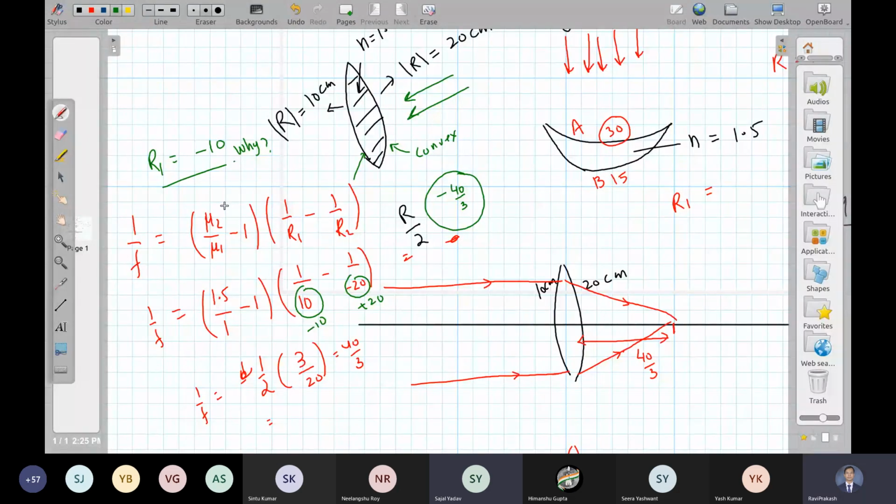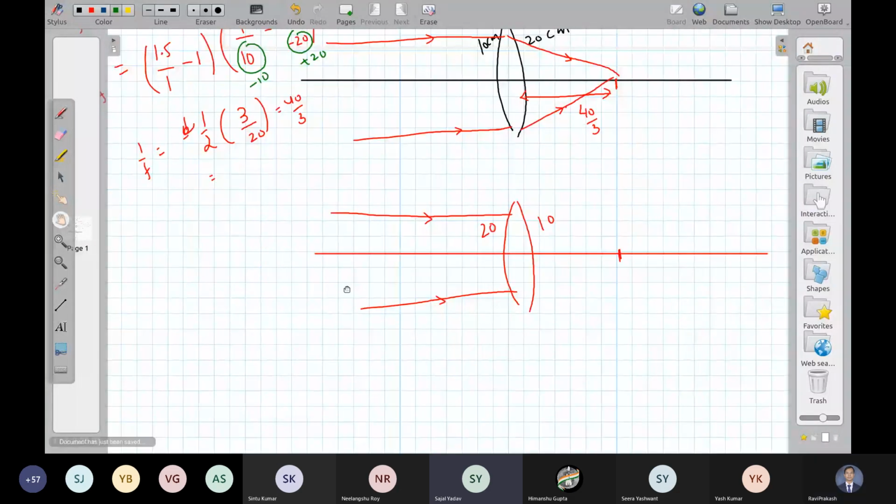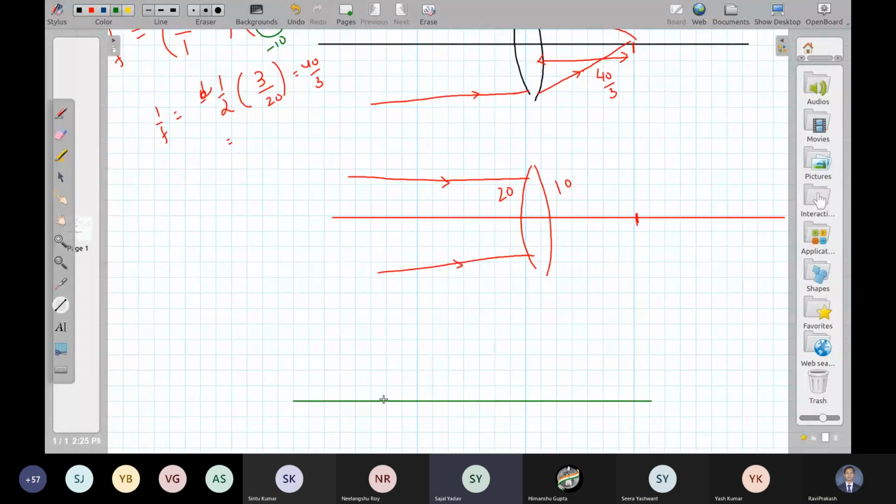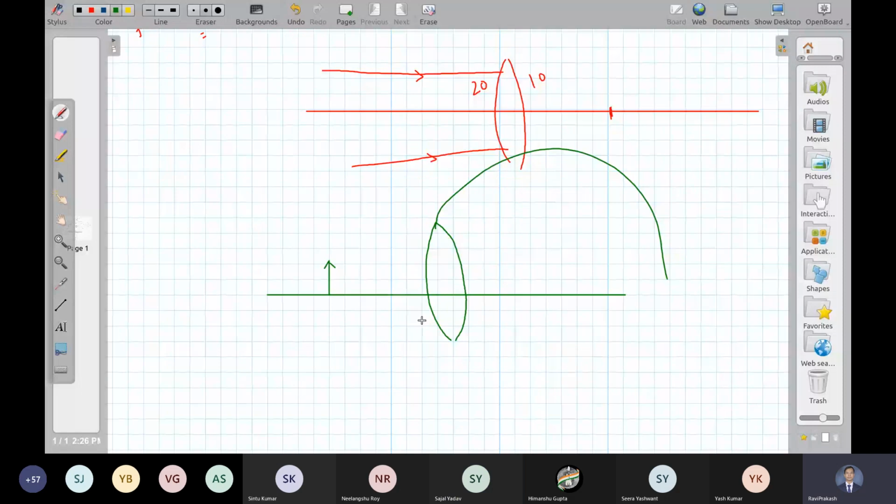Sir, as we take the object on the left-hand side, R1 has a radius of curvature of 10 centimeter, the sphere from which the lens is cut, and we take the direction of light, then it would be negative. So this is the object, this is the lens, and it is cut from this sphere. So this sphere is of radius 10 centimeter.